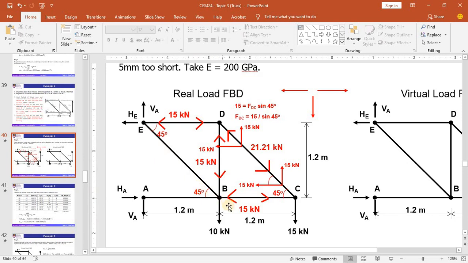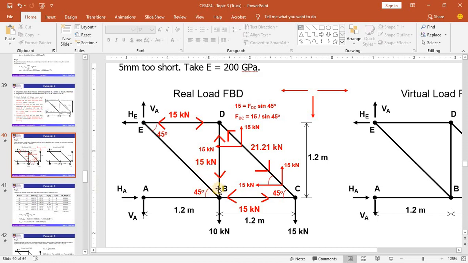So at this joint B in the vertical direction, we have 3 forces acting: 10 kilonewtons, 15 kilonewtons from the member DB, and the vertical component from member EB. We do not know whether this vertical component acts upwards or downwards.